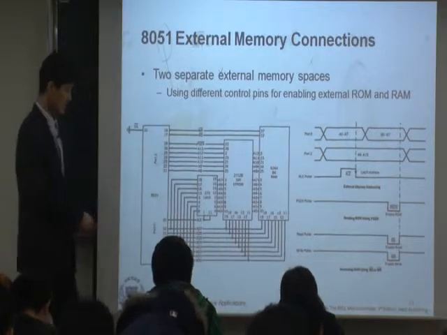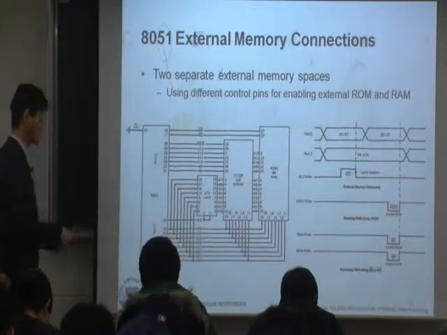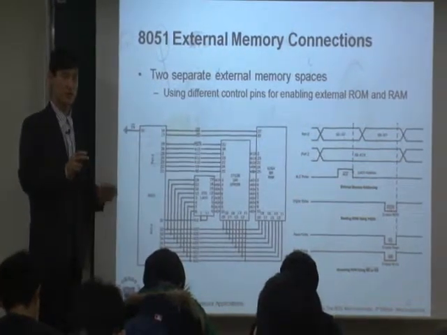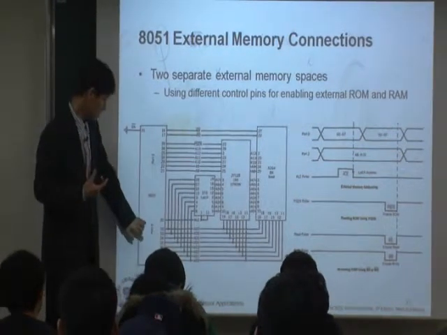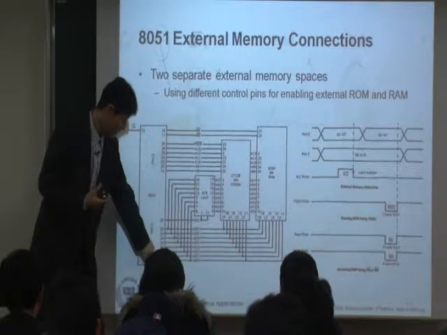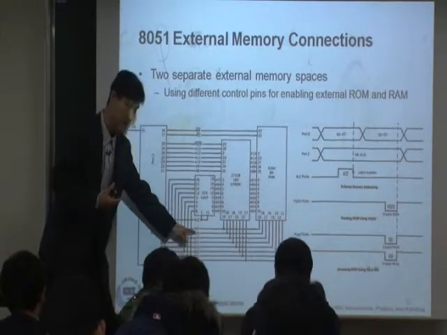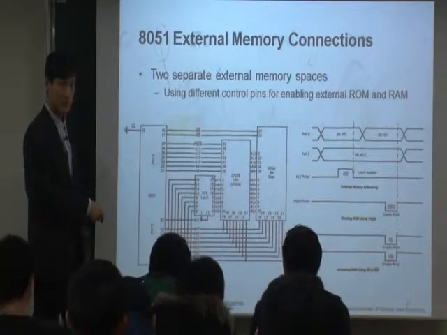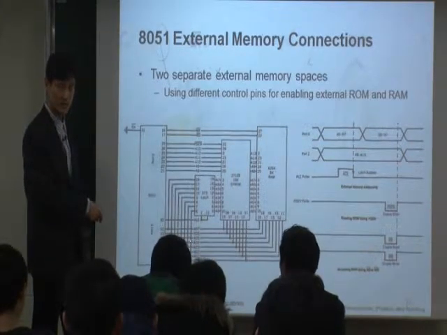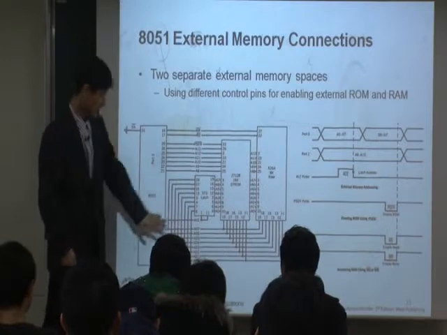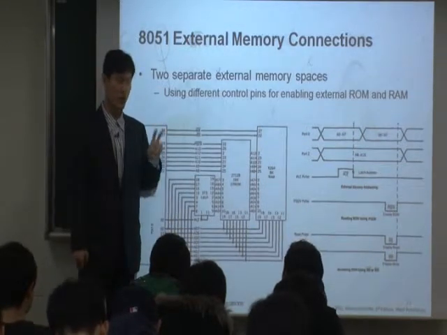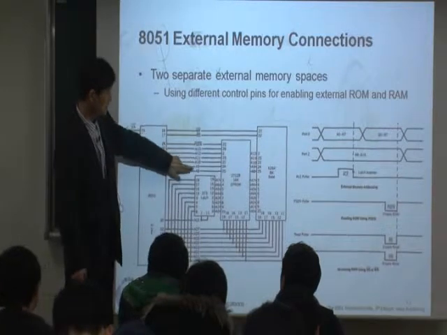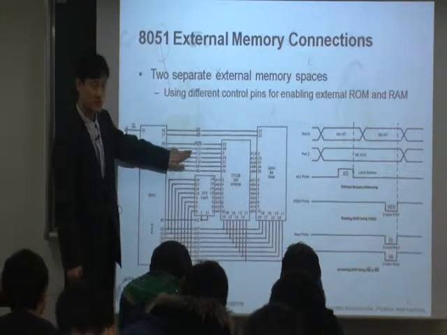In each port you have 8 pins. So in port 0, we have AD0 to AD7, which means this can be used as address and also data. This port 0 can be used for both address and data, and port 2 is only for address.